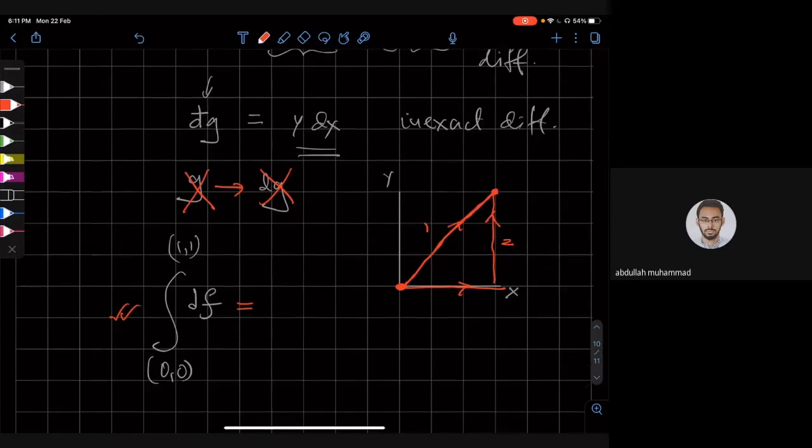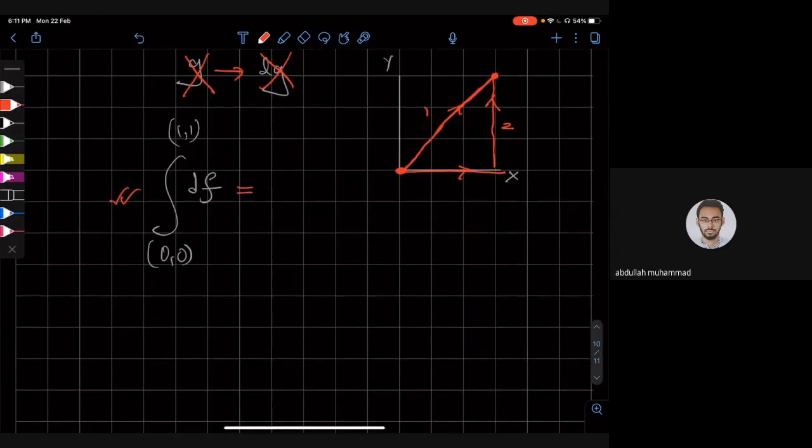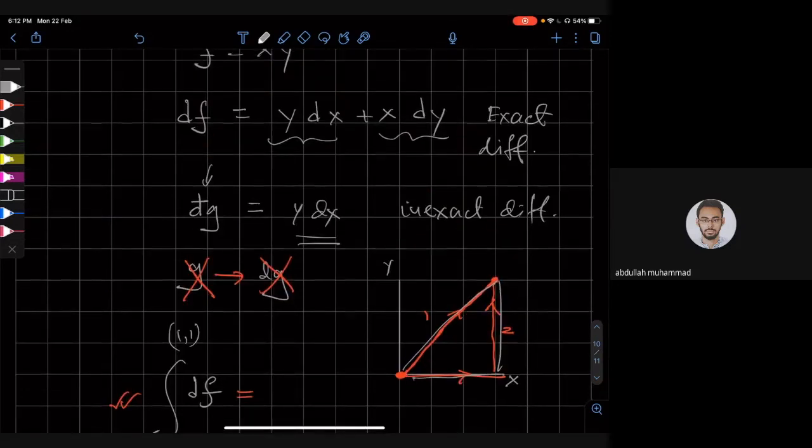Whereas if I were to do this other integral, the result would depend on whether you go this way or that way. I'm going to leave this as an exercise for you to do. It's fun and very easy. Just do it for the simple setting, for simple functions. All right? Okay, good.